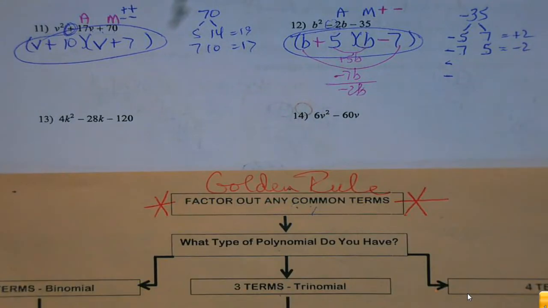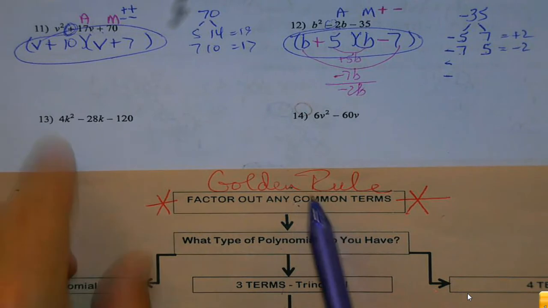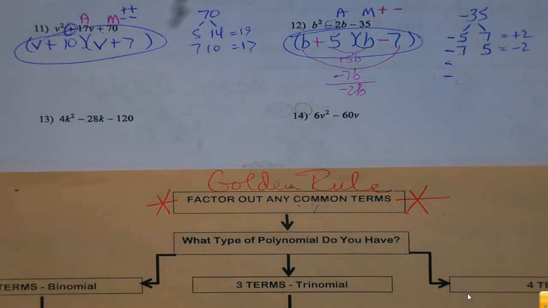So then we hit number 3. Now, before some of you go and start sliding and dividing, I'm going to try and help keep your life simple here. Does anything go into all 3 of those?